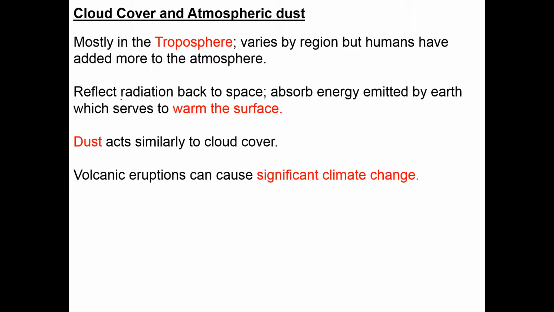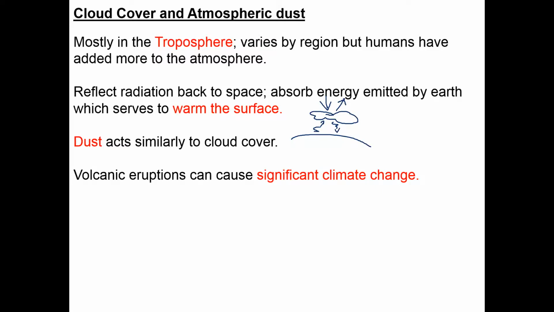They reflect radiation back to space immediately, and they also absorb the energy emitted by Earth. So if you think of the ground, and you think cloud here, solar radiation gets bounced off, but Earth's radiation also gets trapped, right?